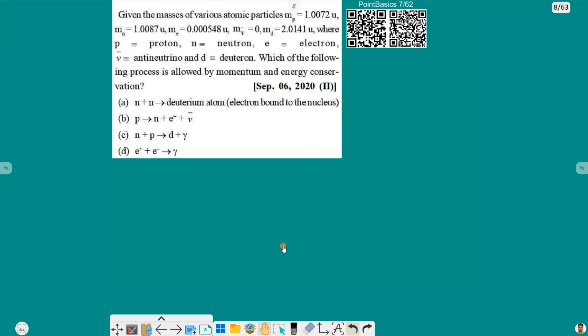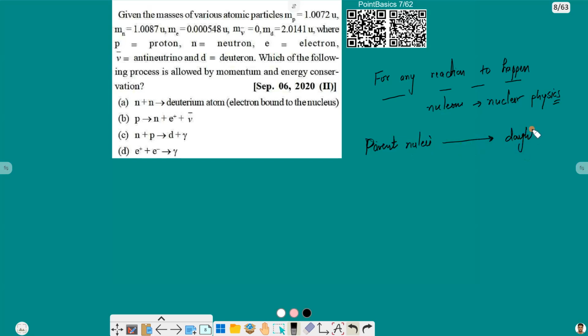So the basic principle is that for any reaction to happen, and this is only in terms of nucleons or basically nuclear physics, we assume that suppose we have some parent nuclei, and there is a reaction happening with the parent nuclei and we are getting daughter nuclei.